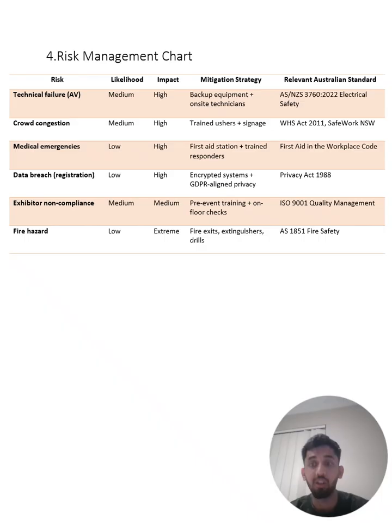Key risks include technical failures such as AV issues, crowd congestion, medical emergencies, data breaches, exhibitor non-compliance, and fire hazards. Mitigation strategies include backup AV equipment, trained ushers and signage, a first aid station, an encrypted registration system, floor checks and exhibitor briefing, and compliance with the fire safety standard.